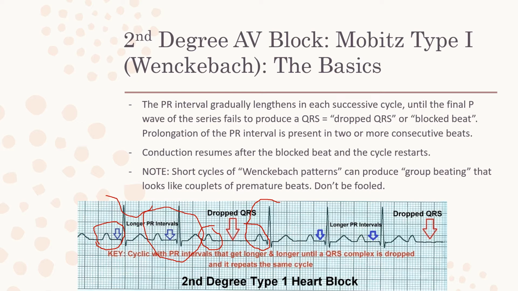Then it's starting to lengthen. That's a little bit longer right here, and then it's really obvious that it's gotten longer here. So short, long, longer. Then we come here and we see the actual drop. There's the P wave with no QRS.